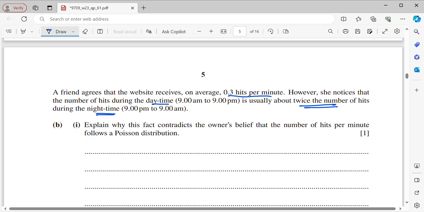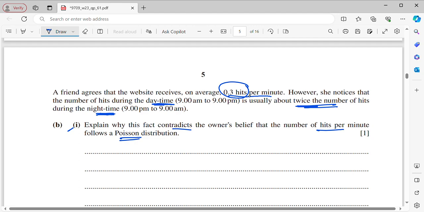Now part B, first part: explain why this fact contradicts the owner's belief that the number of hits per minute follows a Poisson distribution. The reason is the number of hits per minute is not constant, because initially it is 0.3 hits per minute, but then it is believed that daytime will be double the hits of the night time.